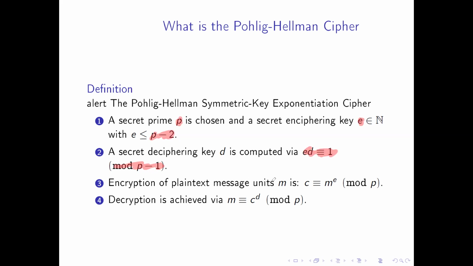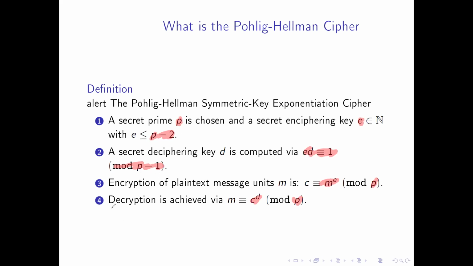The encryption of plain text is simply that we take our message M and raise it to the E power mod P, and to decrypt we raise it to the D power mod P as well. So we're doing exponentiation. Let's talk about why all of this works. It goes back to some things that we talked about previously and why these are important. And then I'm going to give you an example of how this actually works.